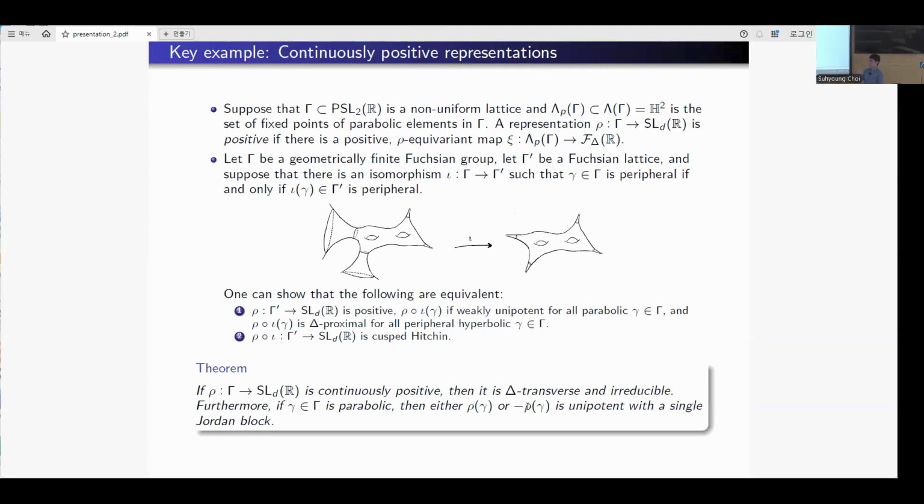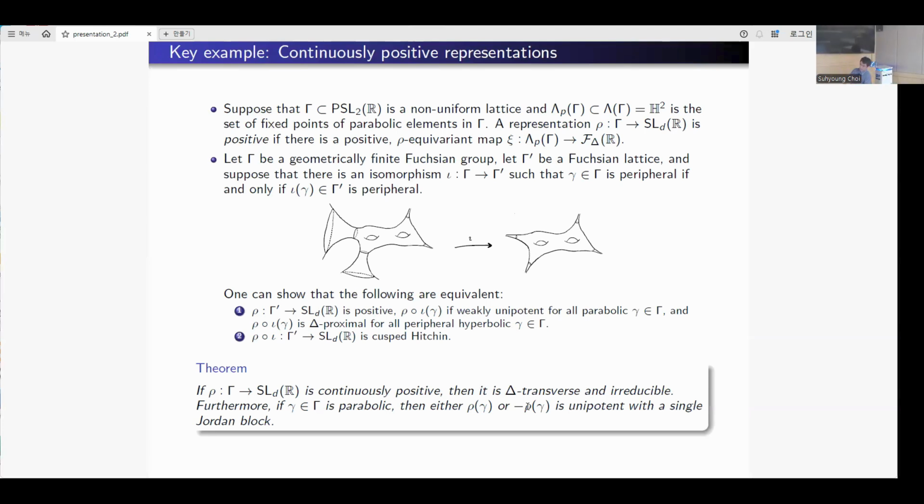This is a discrete subgroup of PSLd(R) that preserves a properly convex domain with the property that along the orbital limit set of gamma inside the properly convex domain, you look strictly convex and C1. Meaning every point in the orbital limit set has a unique supporting hyperplane, and for any two points in the limit set, the chord between them lies in the domain. But I'm not going to focus on that today.